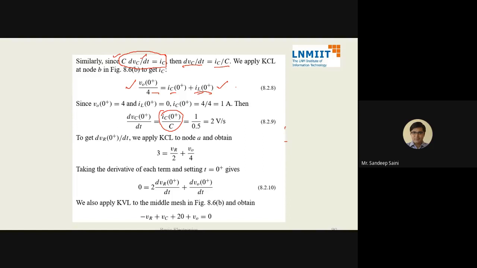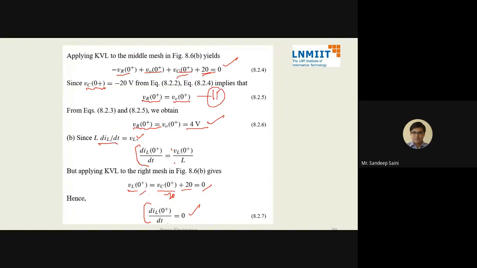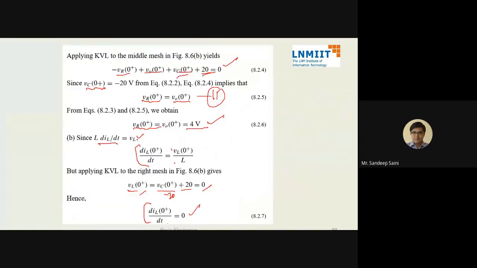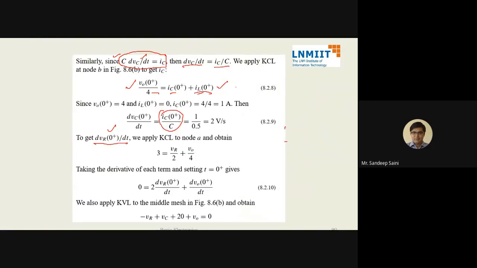How to get dVR by dt? You can go back and apply KCL here. Get the relation, so this is the relation of KCL at that node. Now simply take the derivative. So d by dt of 3 plus d by dt of VR by 2 plus d by dt of VO by 4.